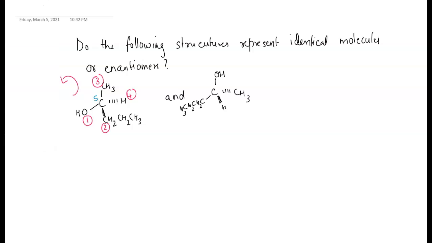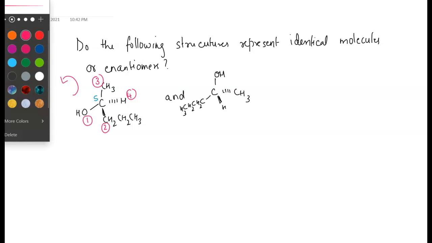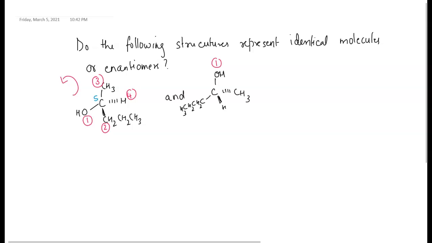Now let's try the other one. Here we have priorities 1, 2, 3, and 4, right? But here we have to do the swapping because our lowest priority is not at the back. We go from 1 to 2 to 3. It looks like we are going anti-clockwise this way.